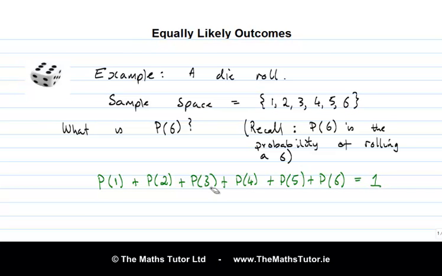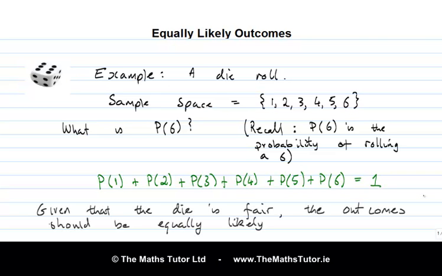However, a die roll is a special situation. If the die is fair, then we'd expect that the probability of a 1 is the same as the probability of a 6, and the probability of 2 is also the same as probability of 6, and so on. We'd expect, in fact, that all of the outcomes have the same probability. So let's write this down.